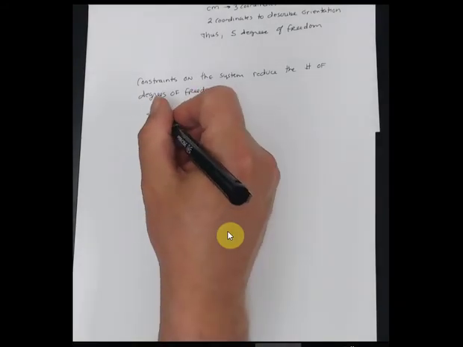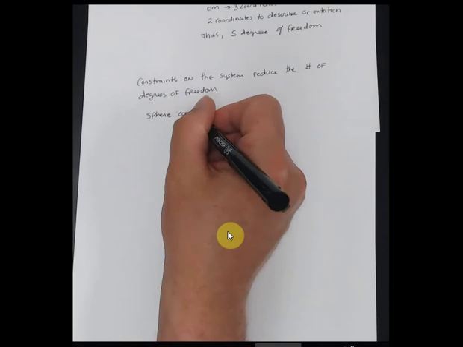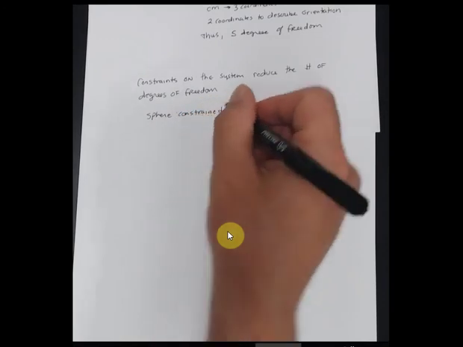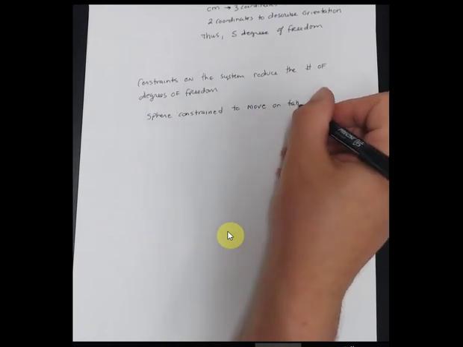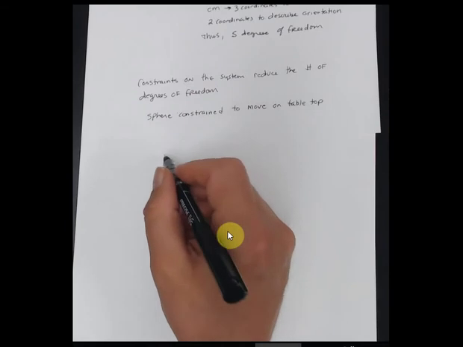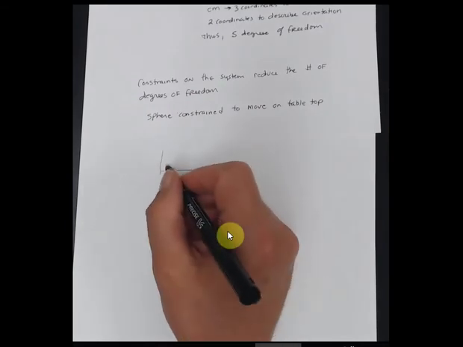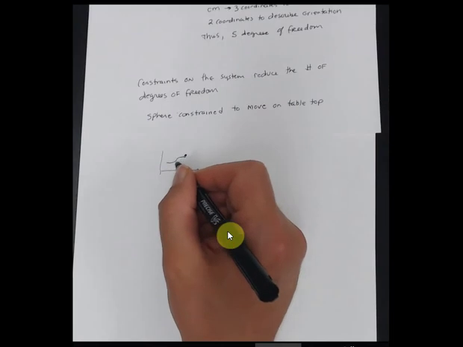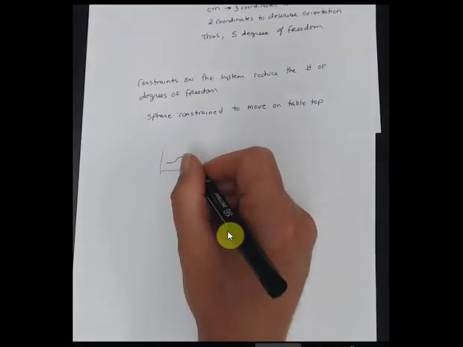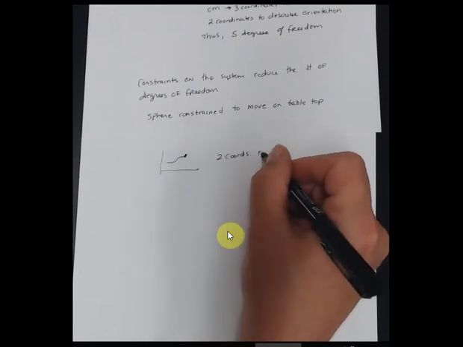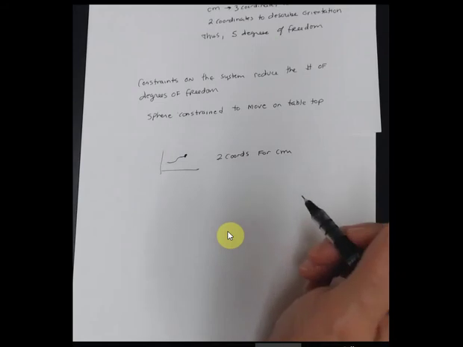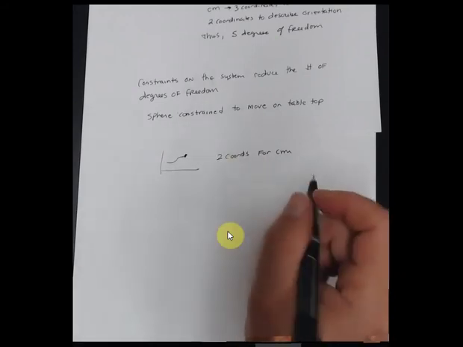So for example, if you have a sphere constrained to move on a flat tabletop, well then, on the flat surface of the table, you need 2 coordinates to specify where the center of mass of the sphere is, instead of 3 like you would have if it could move in the up and down direction too.